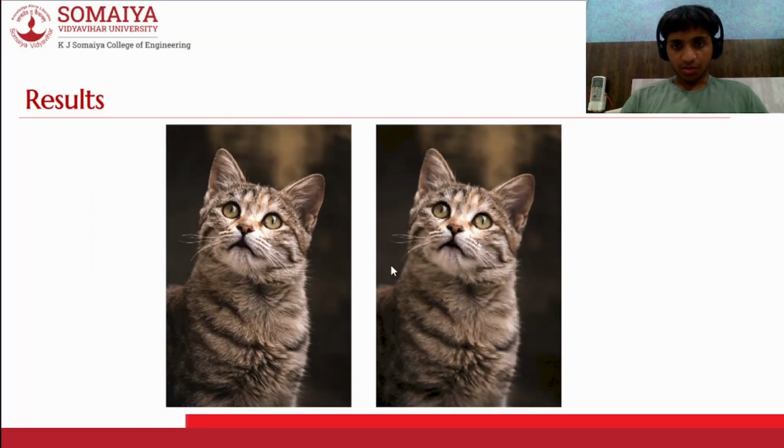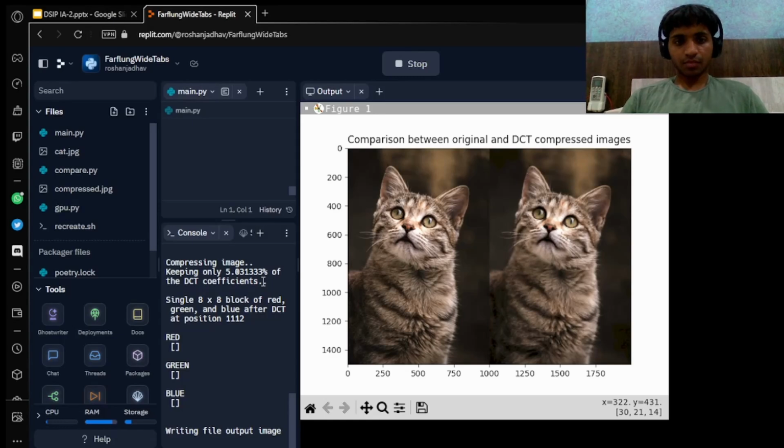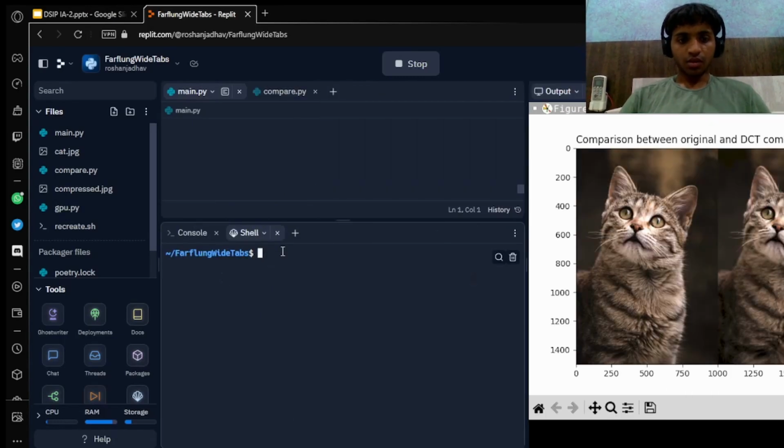As you can see, the image here is pretty high resolution, and here it loses some of the pixels of the image to make it low quality. Also, for comparing the sizes of the images, here is the code for that, compare.py.